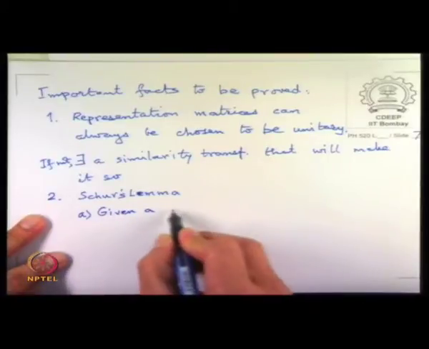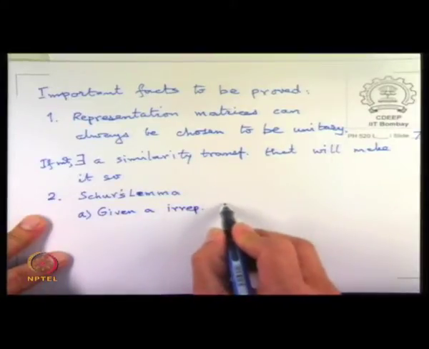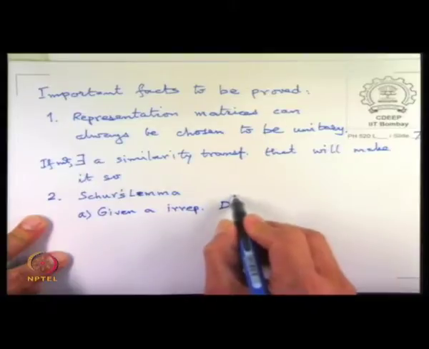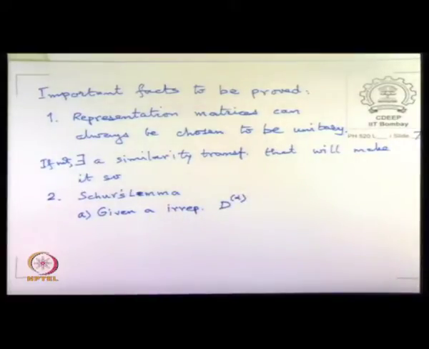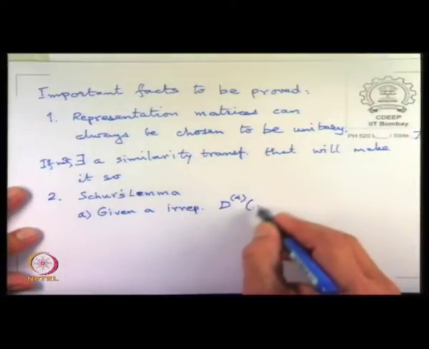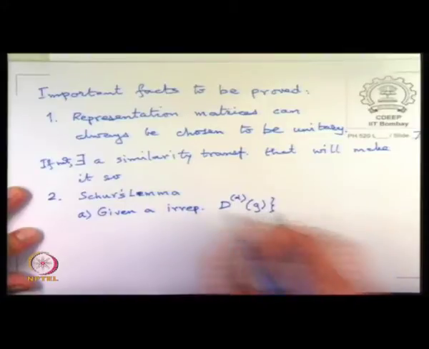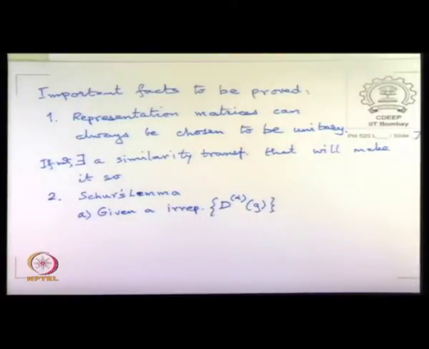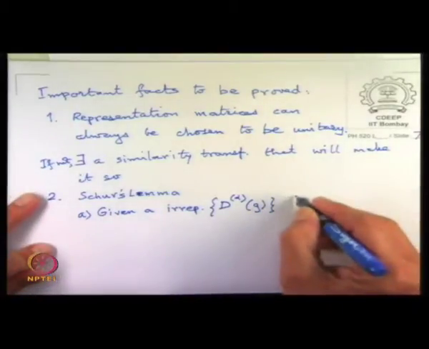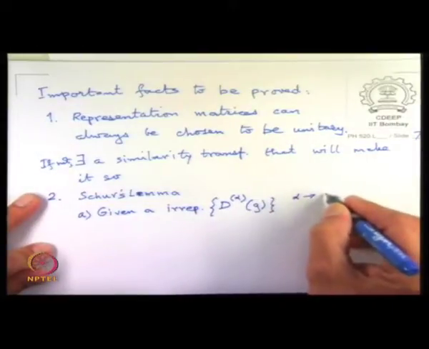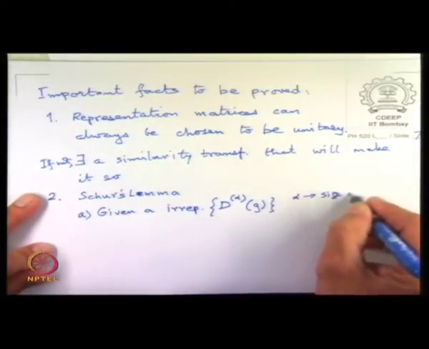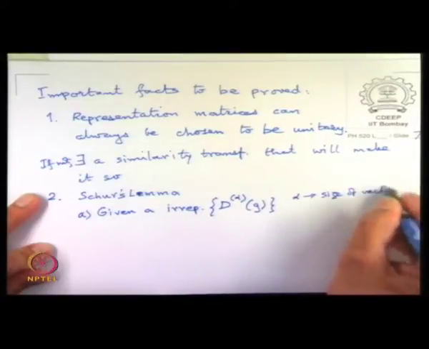So given a representation or given an irreducible representation d alpha, so when we write d alpha, we usually mean d is meant to represent, so let us write d alpha of g, where g are group elements, and then I put curly brackets to mean the whole group represented by this set of matrices, and alpha usually denotes the size of vector space, the carrier space.